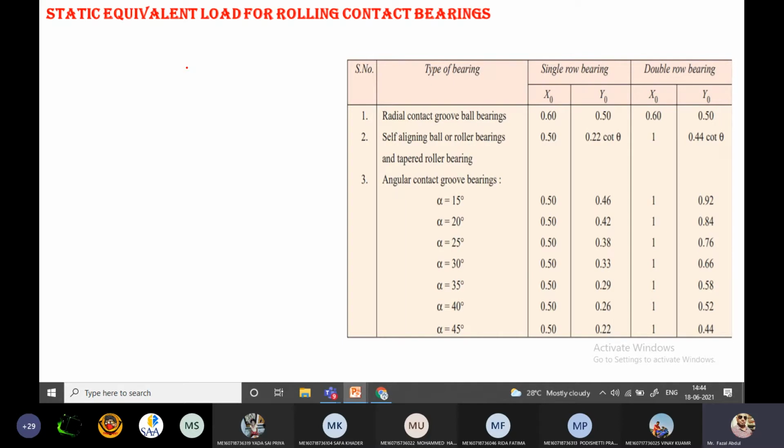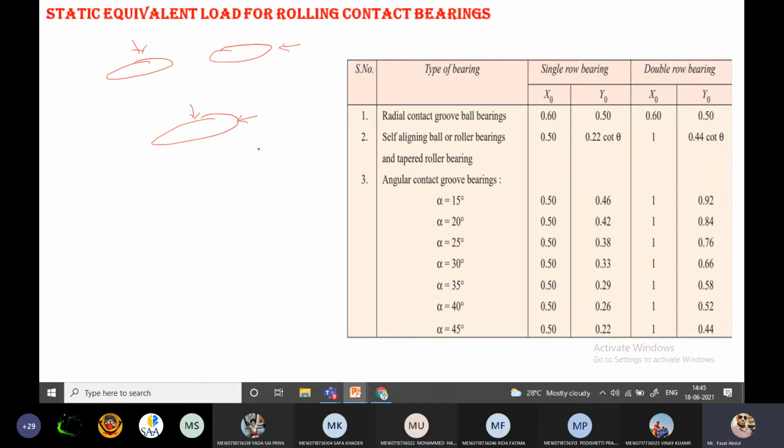If you apply the radial load and axial load separately, they should cause the same effect on the total deformation of the bearing as when applied together. So for some bearing, whatever deformation we find when applying the axial load and radial load separately gives the same deformation as when we apply both at a time.